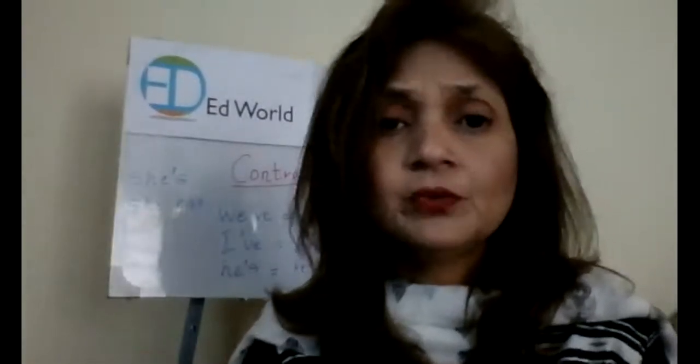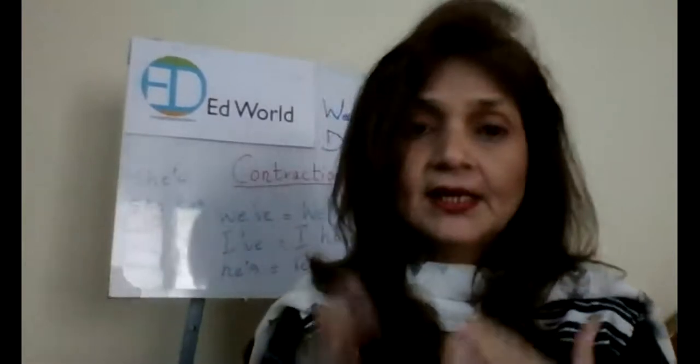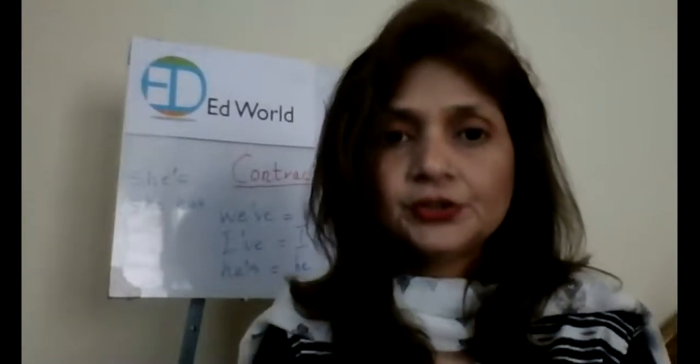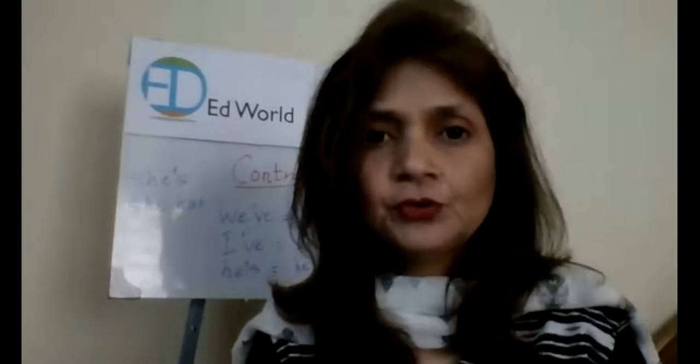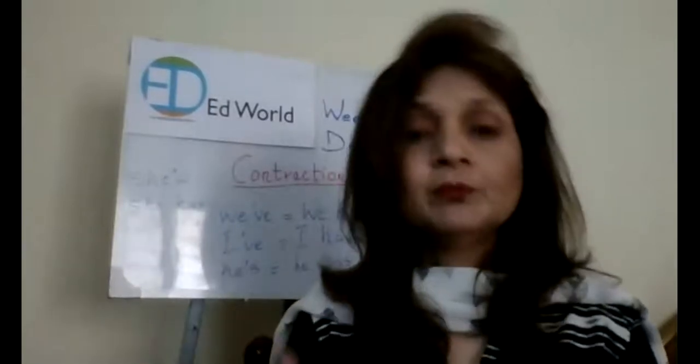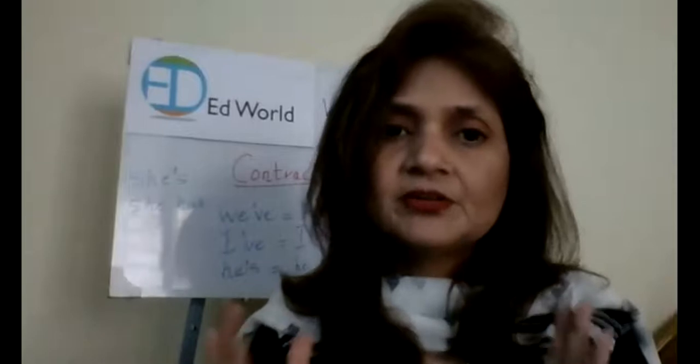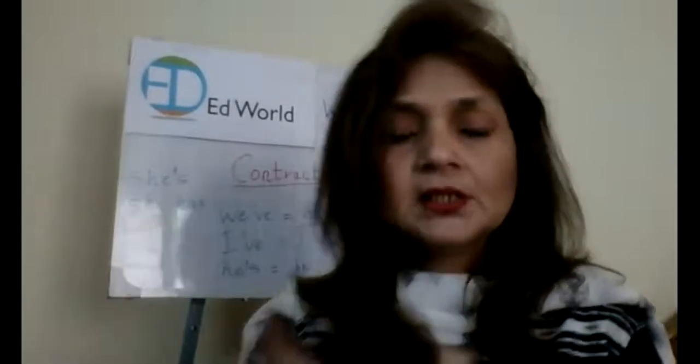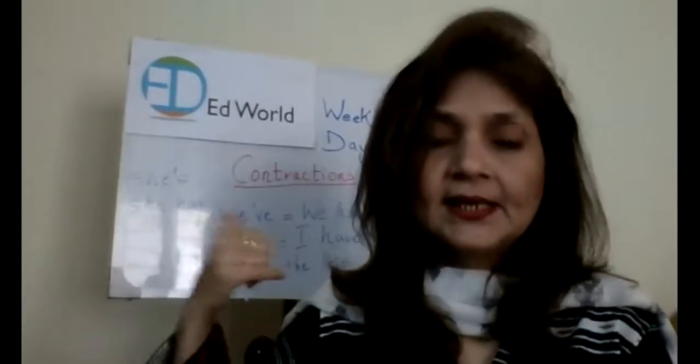So we are only going to do the contractions with "have" and "has". And later on, as we gradually go on to other units, you will be learning more about contractions. But right now, just remember the contractions of "has" and "have".